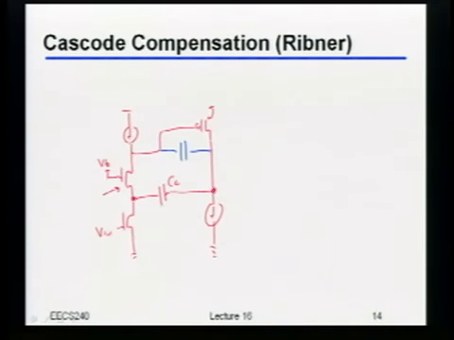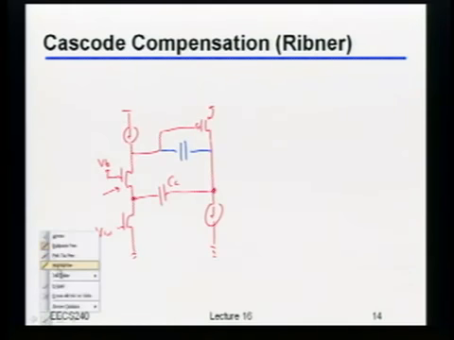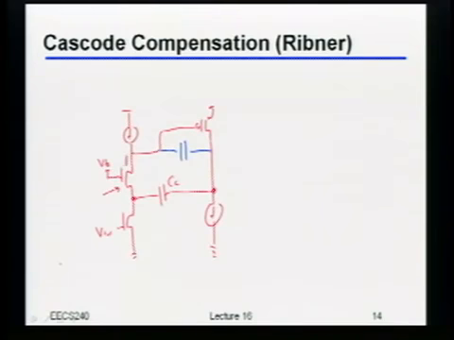So what's conceptually nice about this now is that I'm not spending any extra bias current, really, because I needed this cascode, presumably anyways, to get the gain that I wanted. So at least in theory, I'm not spending any extra bias current because of that.